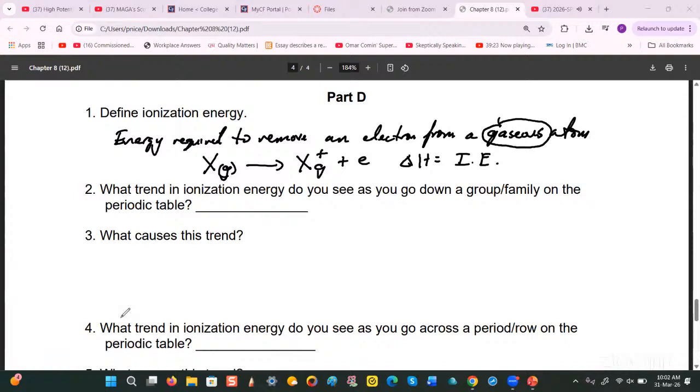So to answer number 2, it decreases. All right. And then to explain what caused the trend, as we go down the group, or any group.